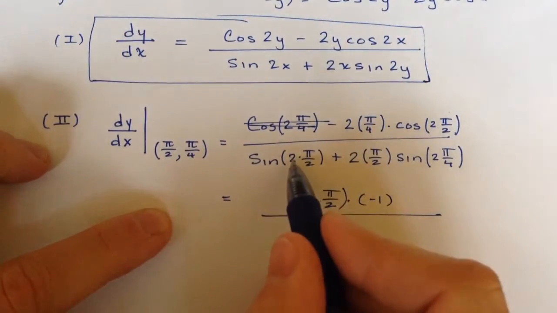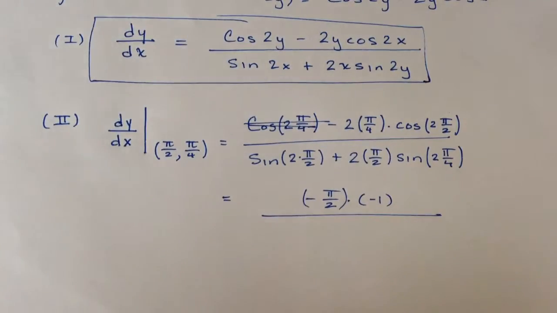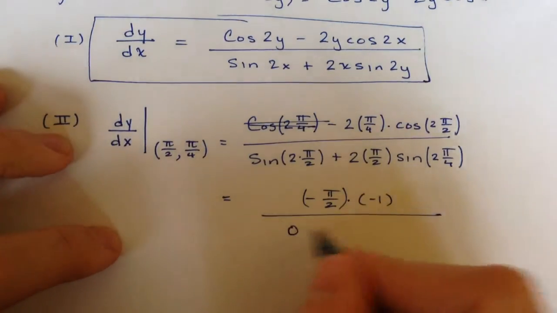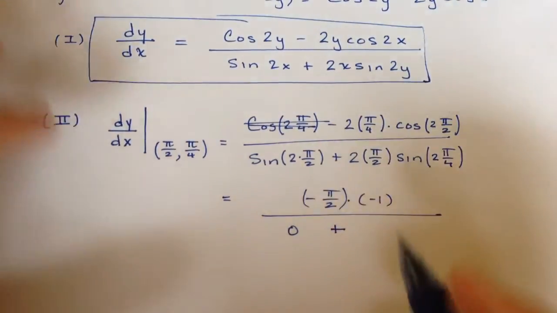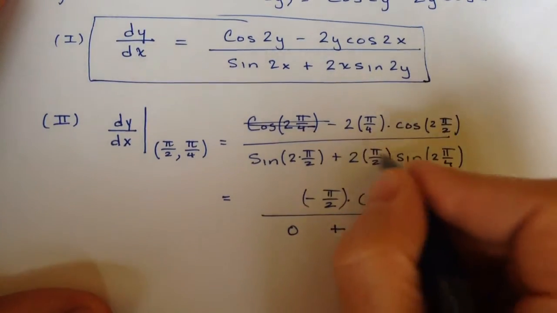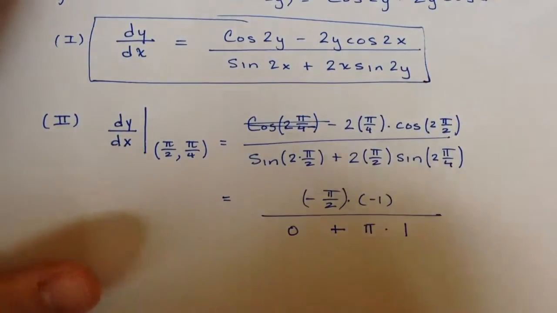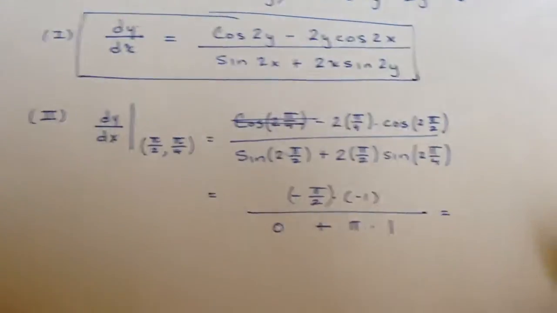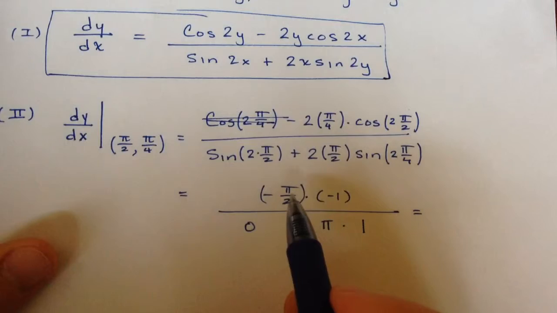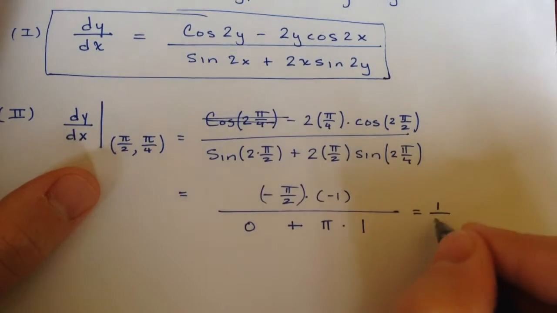In the denominator, here we have the sine of pi, and the sine of pi is going to be 0, plus we have, let's see, that would be a pi times the sine of pi halves, which is 1, which means that this whole thing is going to simplify down to pi halves divided by pi, which is 1/2.